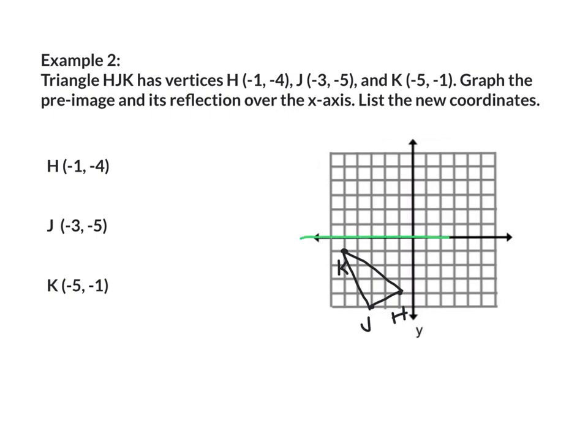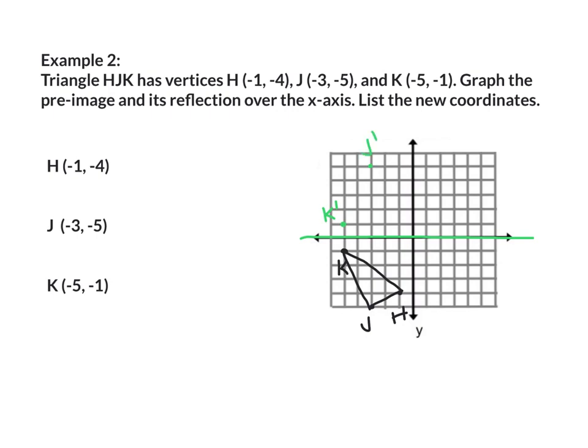So that's the horizontal line. So what we want to do is make sure each point is the same distance away from the line of reflection. So on the K, I'm 1 away, so that means on the other side, I should also be 1 away. So that's K prime. Now J is 1, 2, 3, 4, 5, so I should be 5 away on the other side.